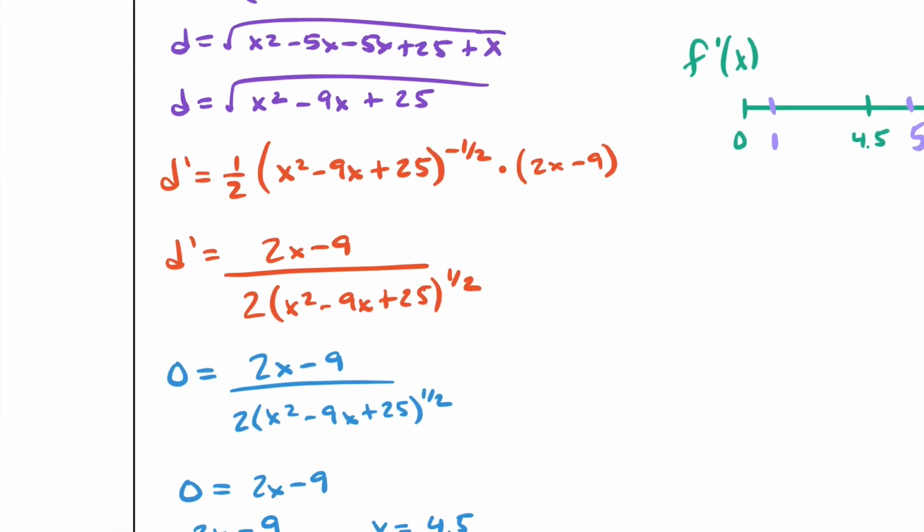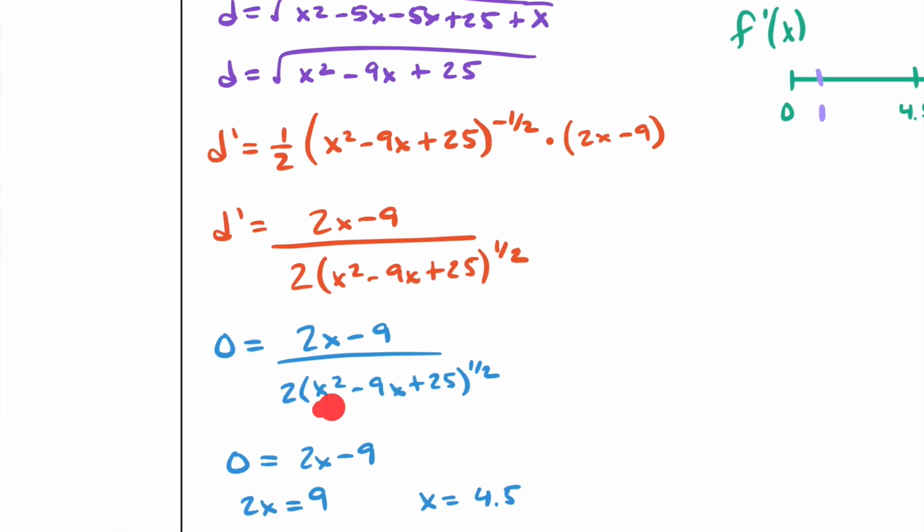So if we evaluate 1, we have 1 minus 9 is negative 8 plus 25. That's positive. The square root of a positive number is positive times another positive is positive. In the numerator, you get 2 minus 9 is negative 7, so we get a negative over a positive, which is negative.